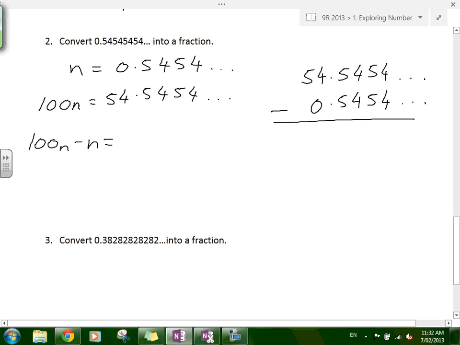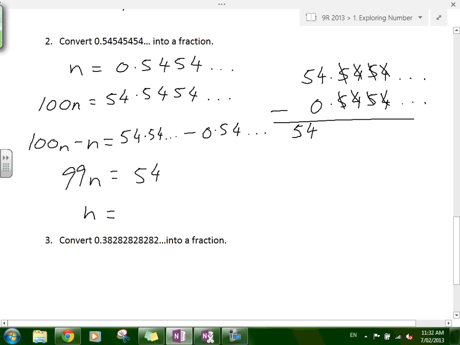We subtract it, all the decimal places drop out, and we're left with just 54. So 99n is equal to 54. What is n equal to?